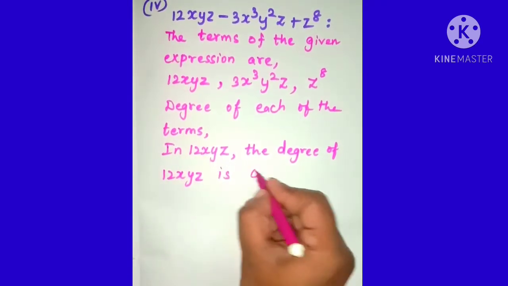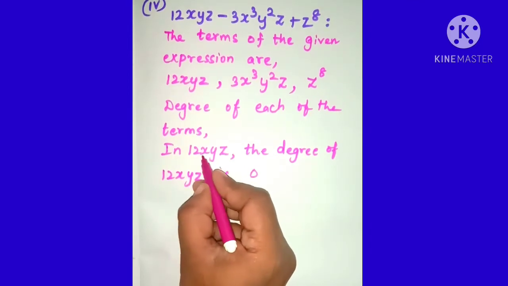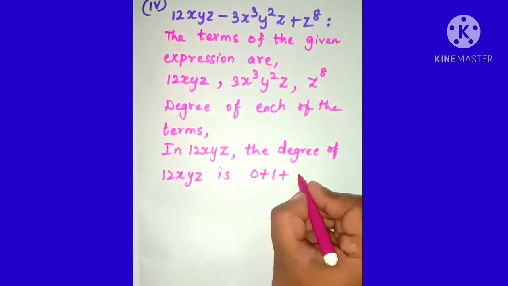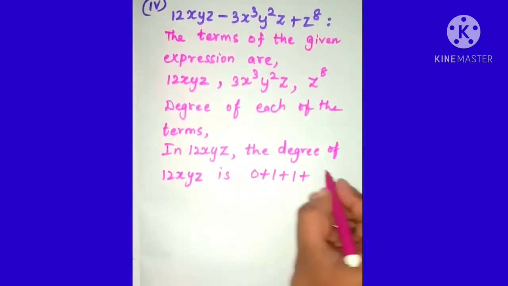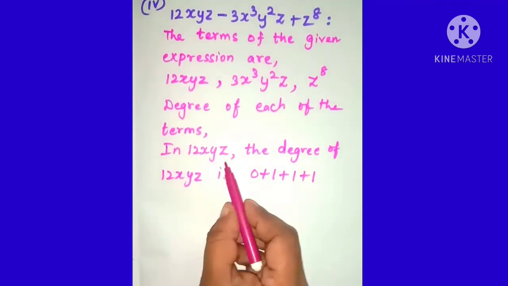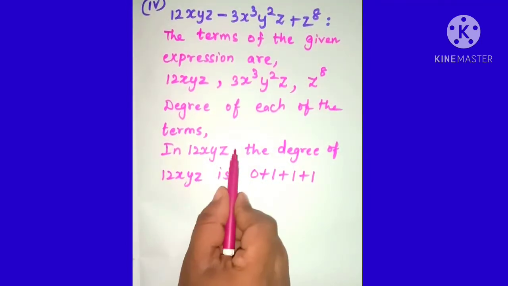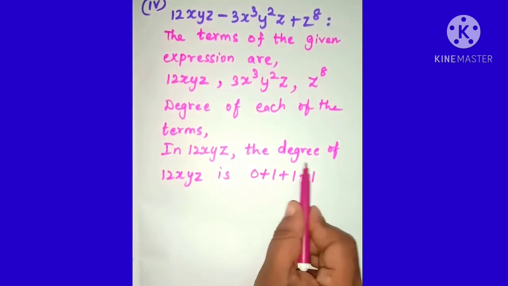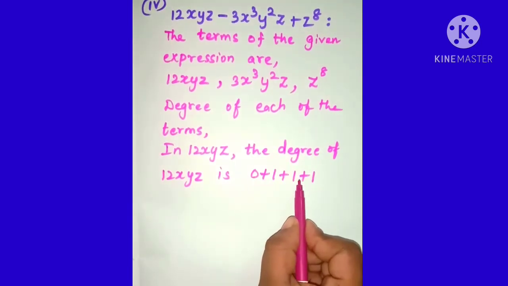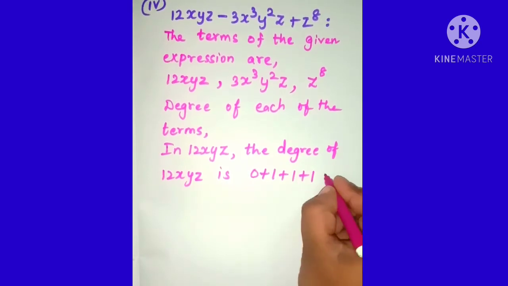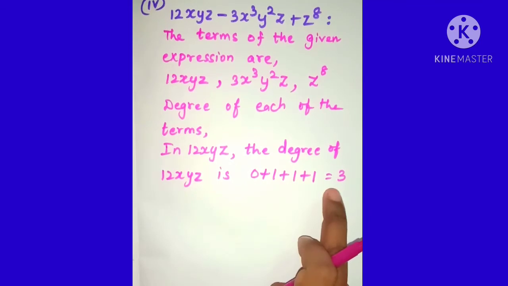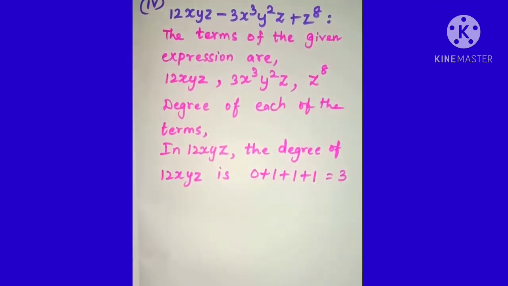The exponent of x is 1, the exponent of y is 1, and the exponent of z is 1. So to find the degree of the term 12xyz, we need to take the sum of the powers of the term, that is 3. So the first term has the degree 3.